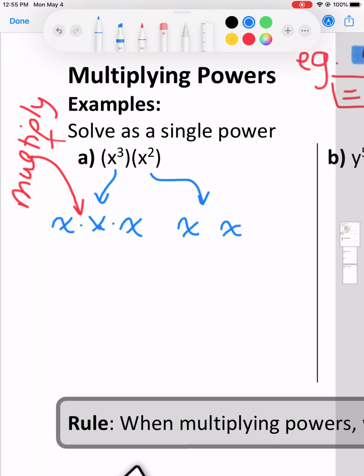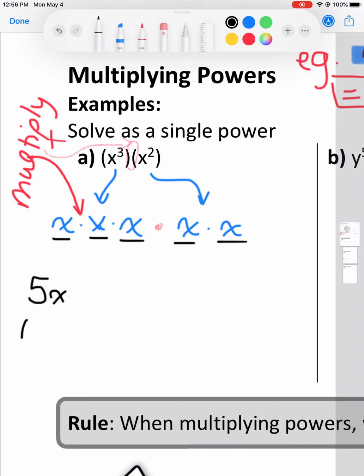1, 2. What does this mean here when there are two brackets pressed up against each other? It also means multiply. So I'm going to put another dot. So we have x times x times x times x times x. If you guys said it's 5x, you're wrong.